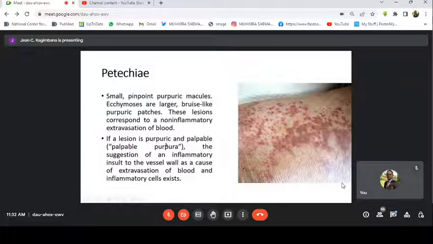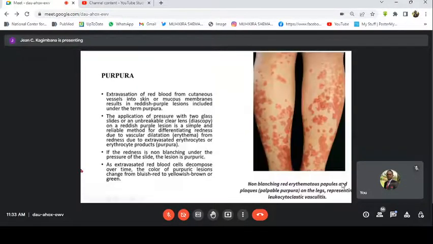If a region is purpuric and palpable, just a palpable purpura, it suggests an inflammatory insult of the vessel as a cause of extravasation of blood, and inflammatory cells exist. Here, when you press, it disappears. It's not like in purpura, where under pressure the region remains. Okay?